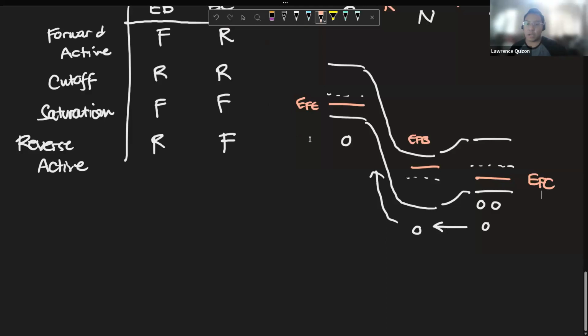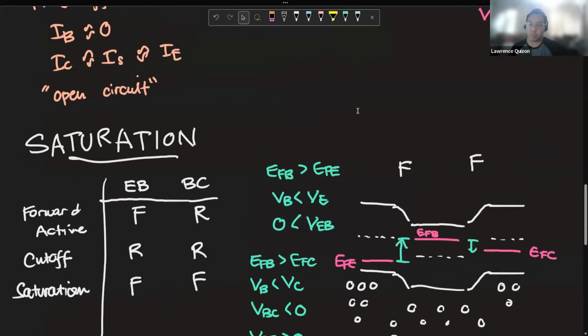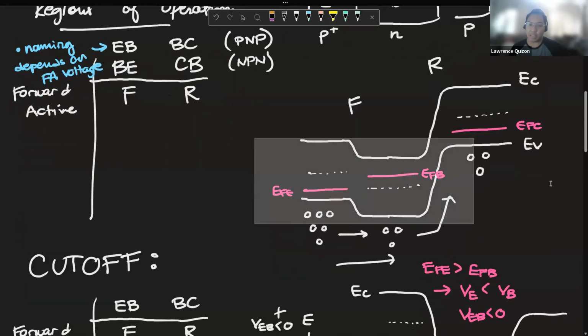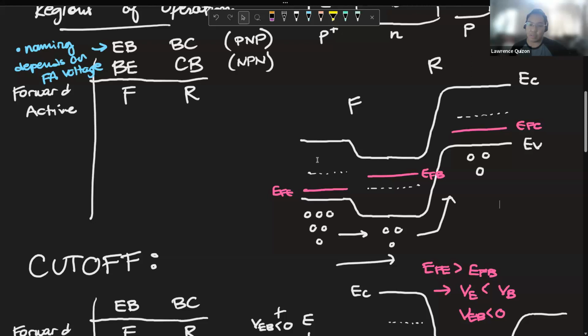Note na similarly to what we had dito sa taas for forward active, pataas yung hagdan dito sa forward active, no? Because the voltage rises, no? And the voltage gets lower as you go from E to B and then to C, no? So if the voltage rises, the energy rises here, so the voltage gets lower, no?